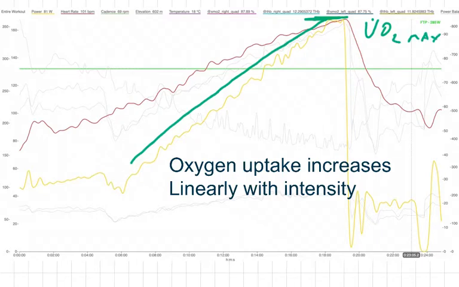At this point, the VO2 cannot increase anymore. The VO2 max is the physiological ceiling for the delivery of oxygen in the muscle, and it is governed particularly by two components, genetics and training. We'll get more into this concept later on in this course.